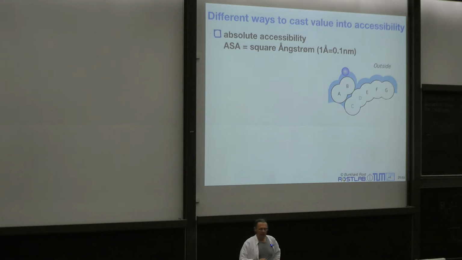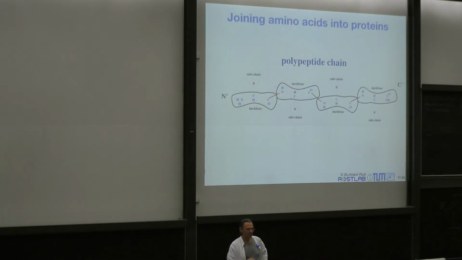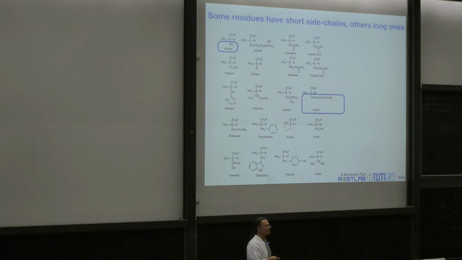Now, when you join amino acids into proteins, you form peptide bonds. You know that. And in doing this, you have the side chains, and some of these side chains are longer than others. Some amino acids have very short side chains, here the alanine, for instance, and some have extremely long side chains, such as the lysine here.